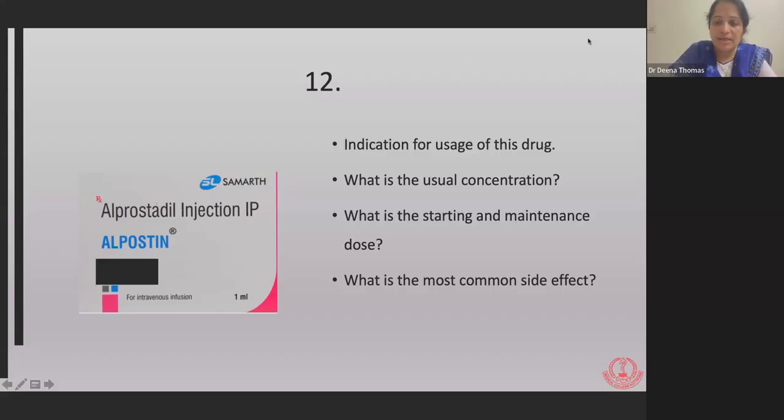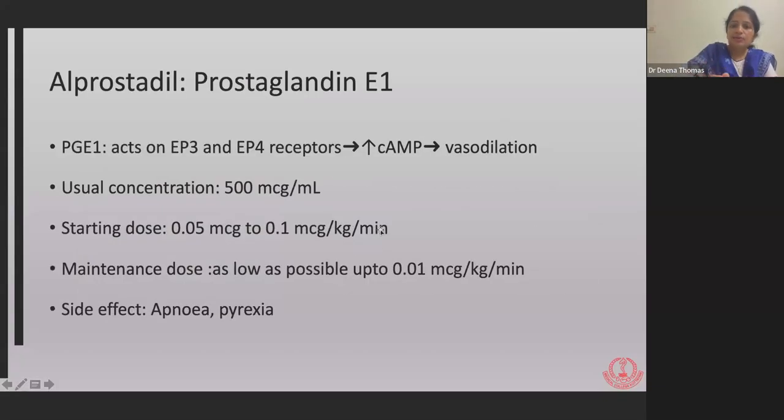So what is the starting and the maintenance dose? I have not got answers for that. The starting dose, as everybody can see, is 0.05 to 0.1 microgram per kg per minute, so 50 nanogram.